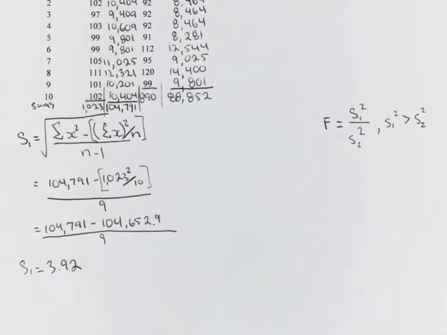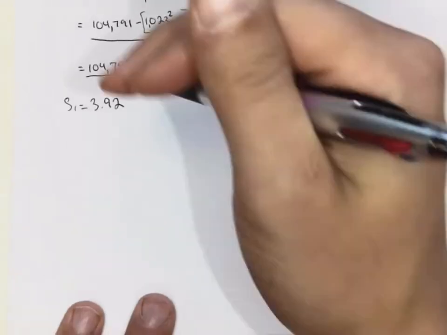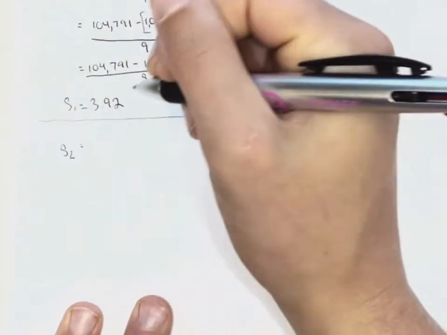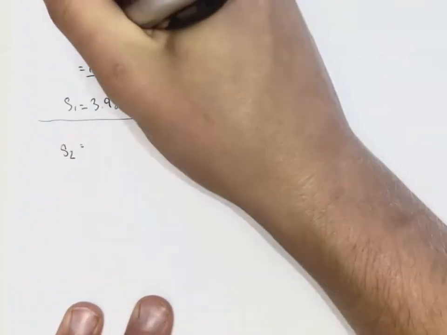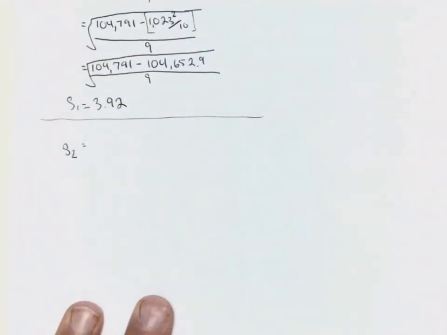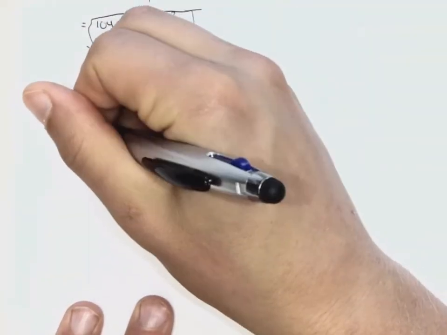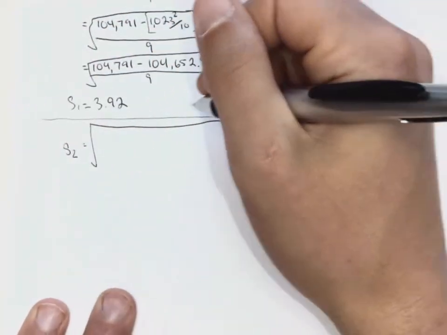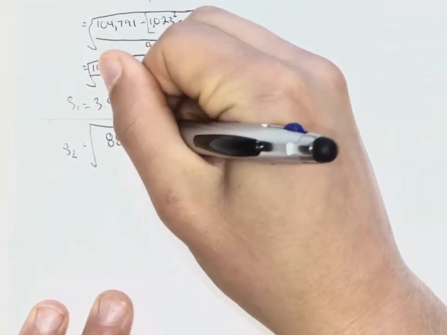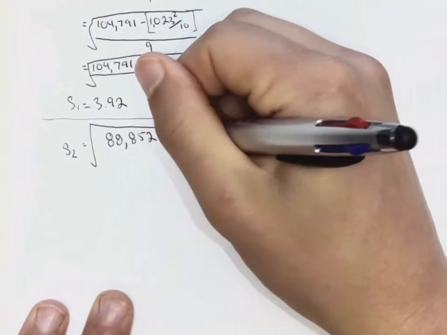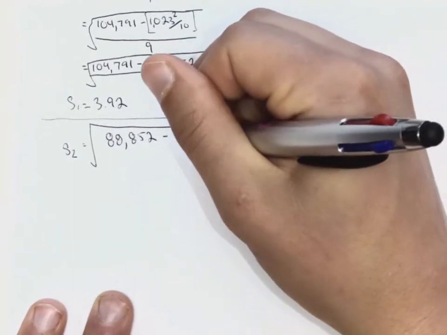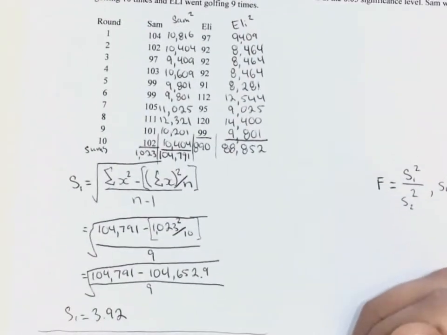So let's do the same for Eli now. Oops, I did square it. I take the square root. I just forgot to put that in there. Okay. Eli had one less sample here.